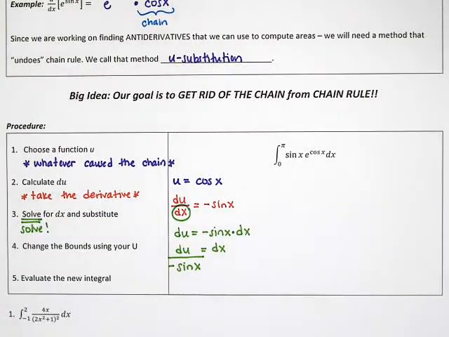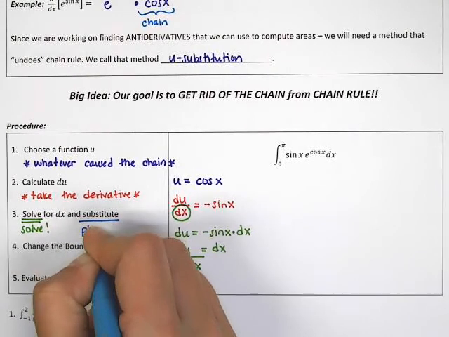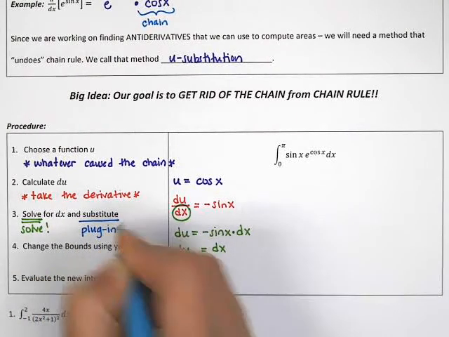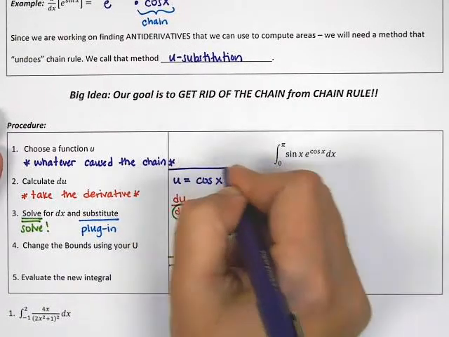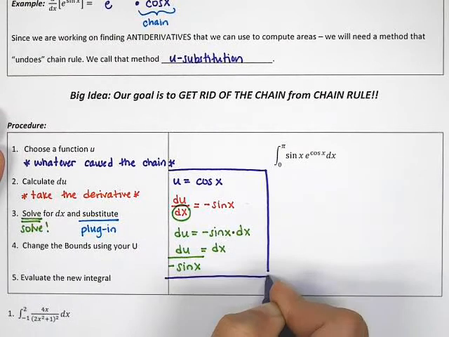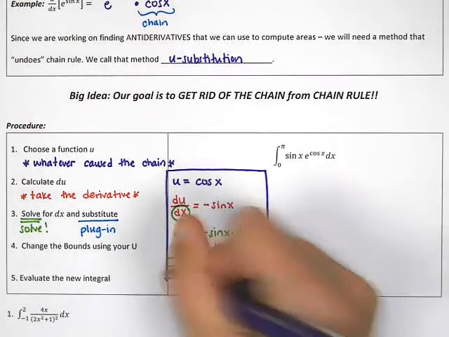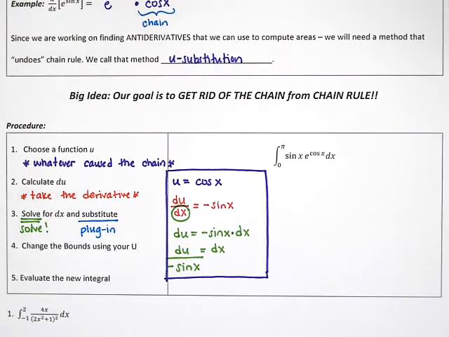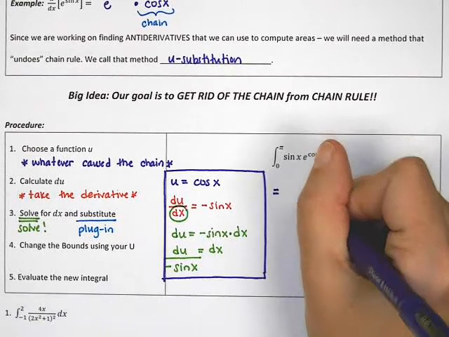Then you're going to substitute. Now here's what I mean by substitute: plug in everything that you have now. So what I usually suggest is that when you get to this point, you put a box around what you have so far, and you keep it on the side. This is sort of like pre-work to do the problem. So we're going to rewrite this integral in a different way.